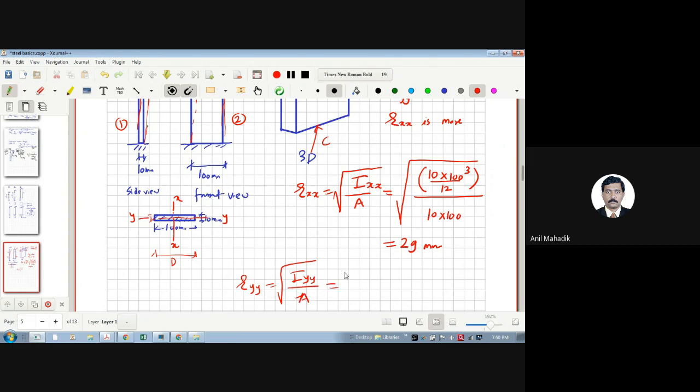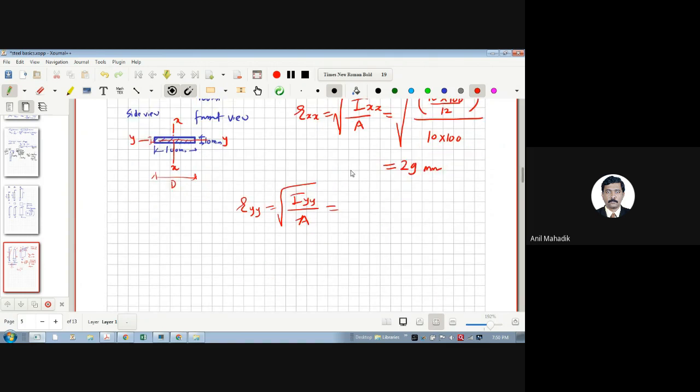Now, if you want to calculate RYY, then it will be root IY upon area. So what is IY? IY is BD cube by 12, where now B will be 100 and D will be 10, divided by the same area, 10 into 100.